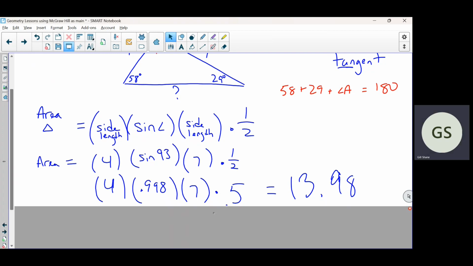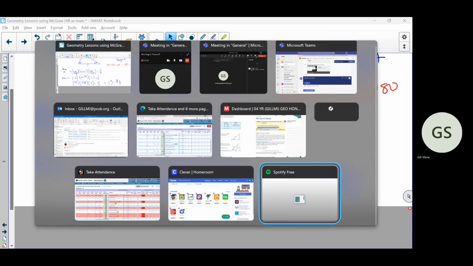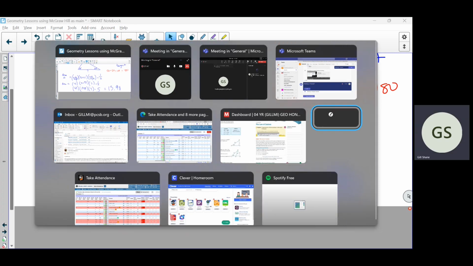All right, so now go to your book pages. Hold that thought. Shoot, how am I going to do this? Oh, here. I did this one.